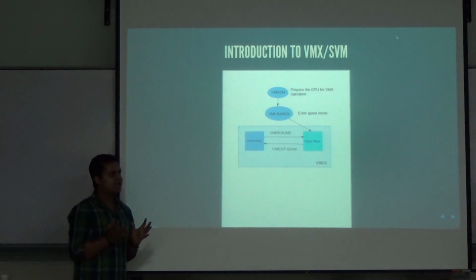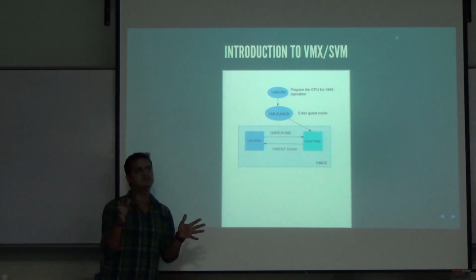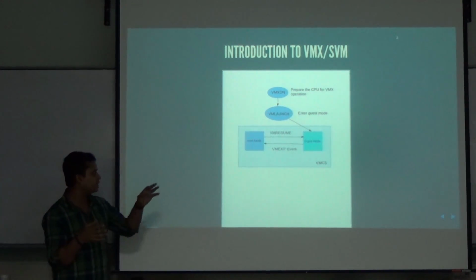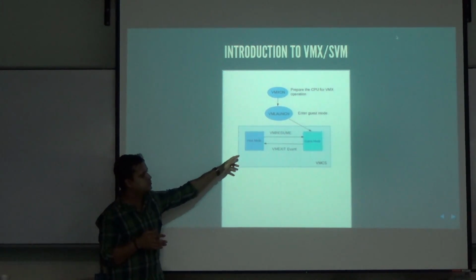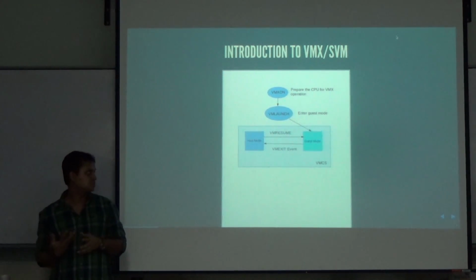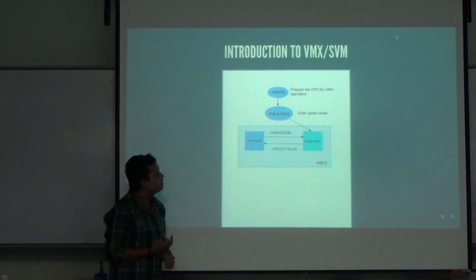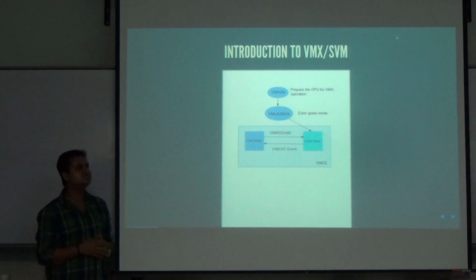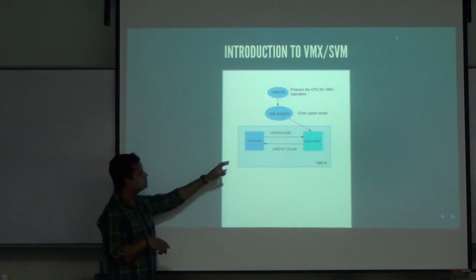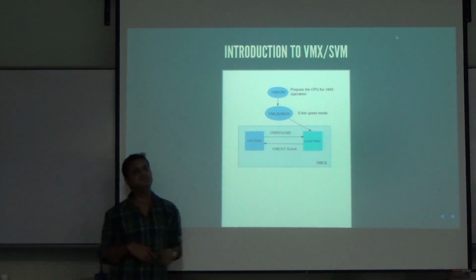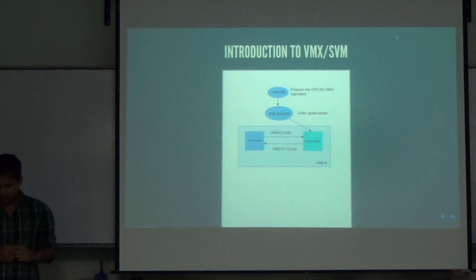And sometimes there has to be an event that you cannot handle in the virtual sandbox. So you have to exit out of it and go back to the host that is actually launching you. That event is called a VM exit event. And once the host takes care of the event, such as an interrupt maybe, the host can again use the instruction VMRESUME to go back to guest mode and then continue executing the guest.